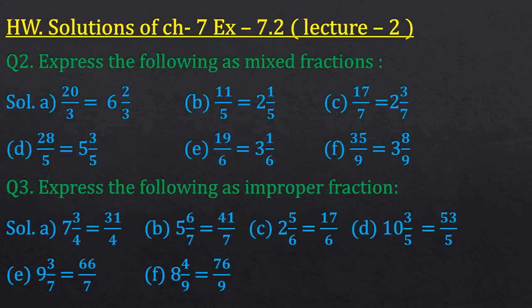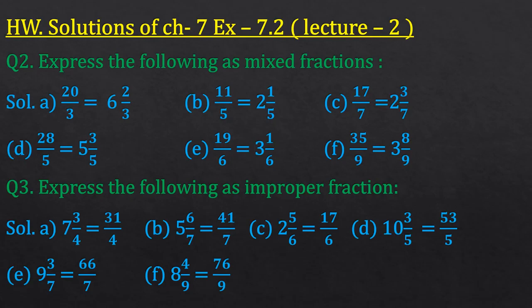Now let us discuss the homework solution of Chapter 7, Exercise 7.2 that I gave you in lecture number 2. The first question was to express the following as mixed fractions. I discussed on that day how to convert to a mixed fraction just by dividing. So the first fraction is 20 upon 3.